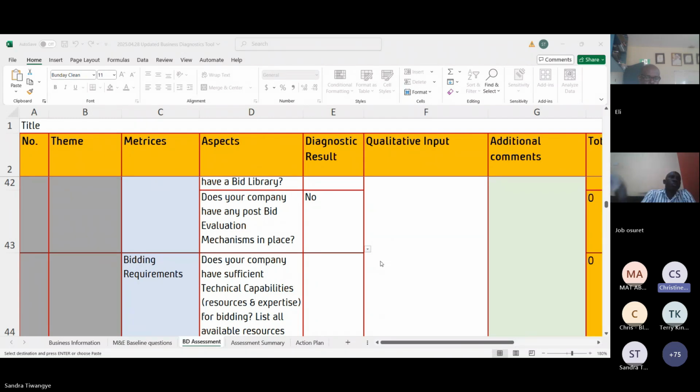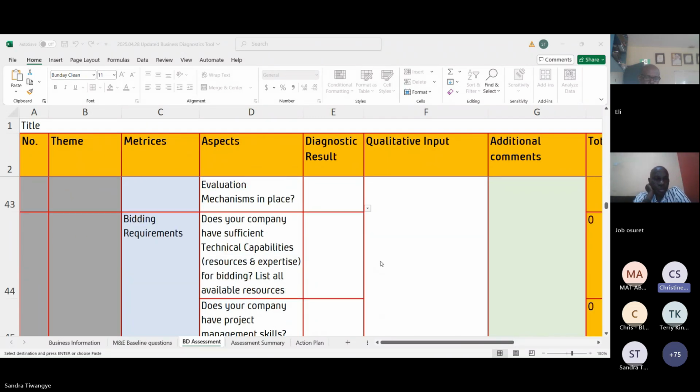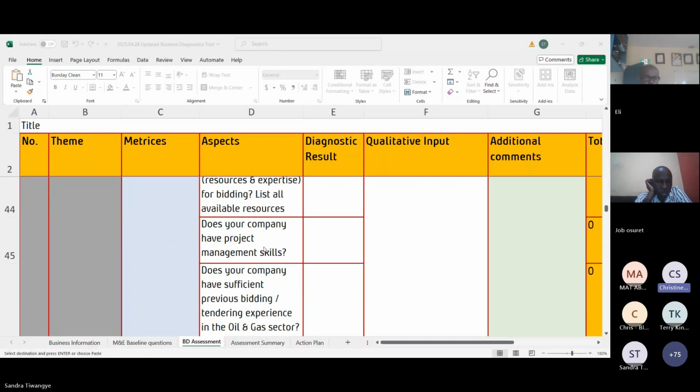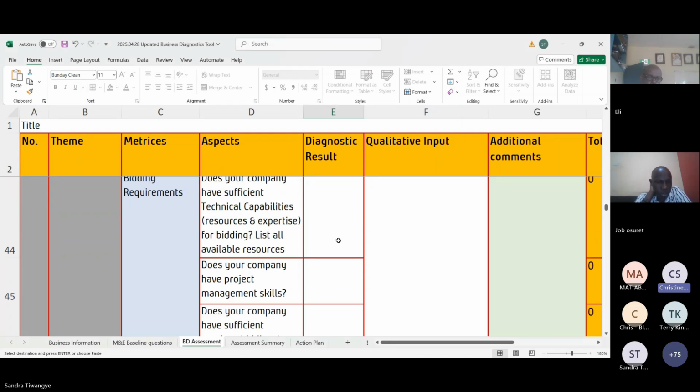Okay, when we come to bidding requirements, we simply want to know whether you have enough resources, mainly human resource, that is technical staff, to help you respond to and interpret these bids effectively. Do you have any project management skills? Like, have you managed any projects in the past before? Or do you have a project manager?